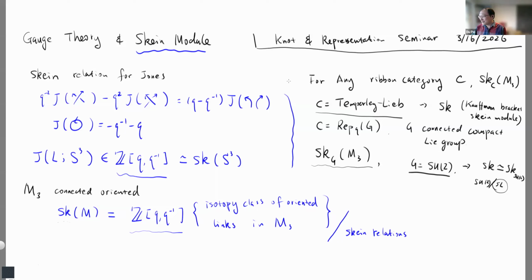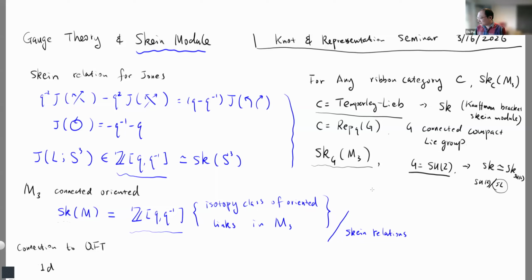Skein module has a lot of connection to physics. So it has connection with 1D systems because, well, here it's given as a module over this ring.